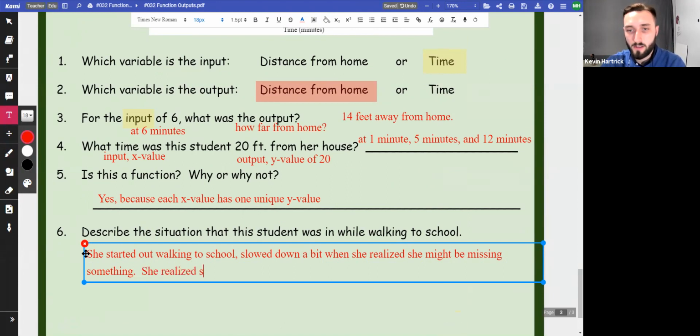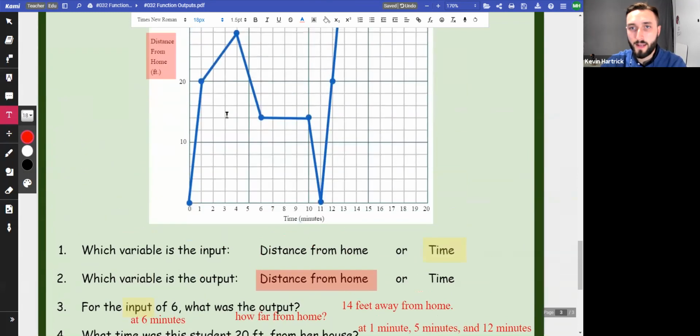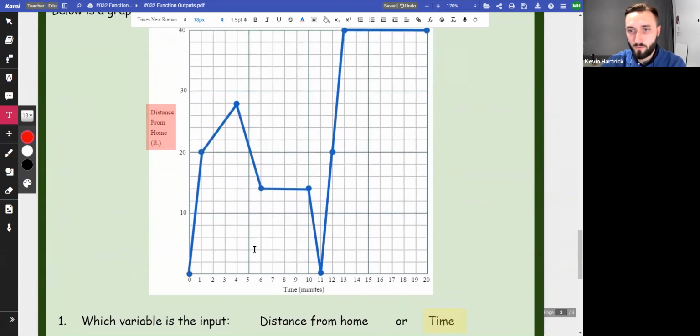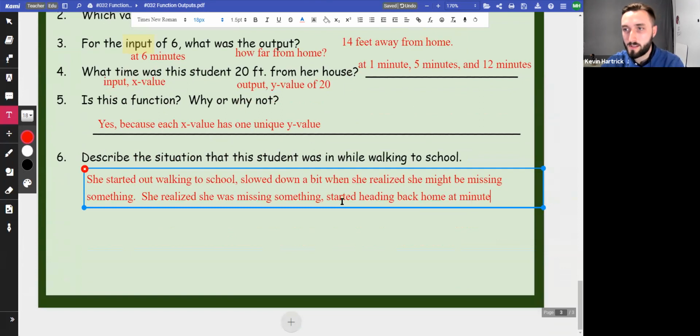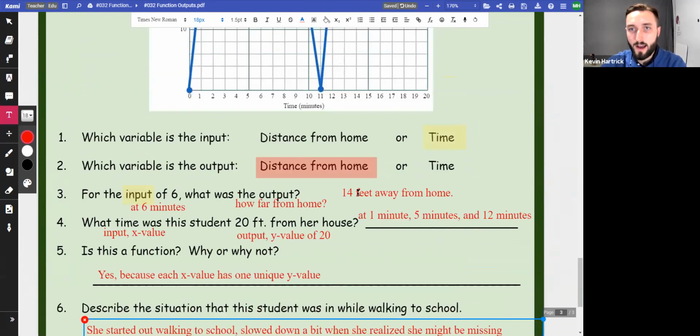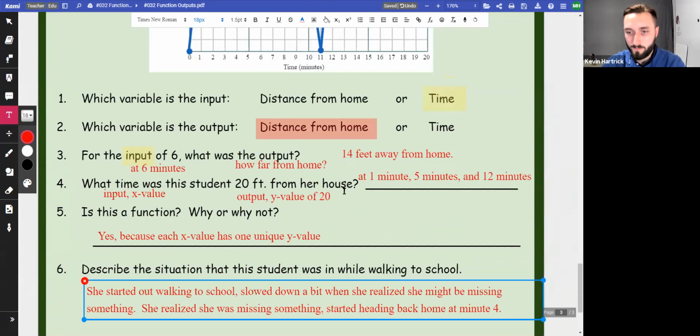She realized she was missing something, started heading back home at minute 4. Sometimes it's nice to give these little things describing words at minute 4, right? Where did she start slowing down? At minute 1.